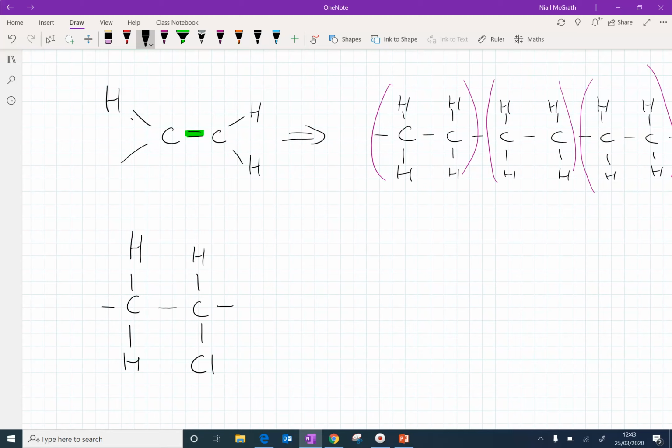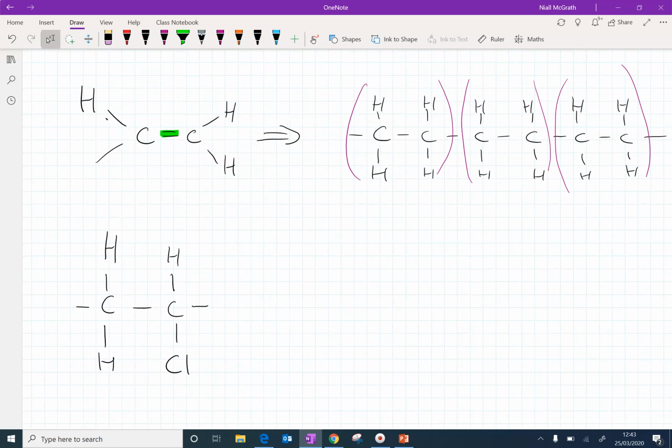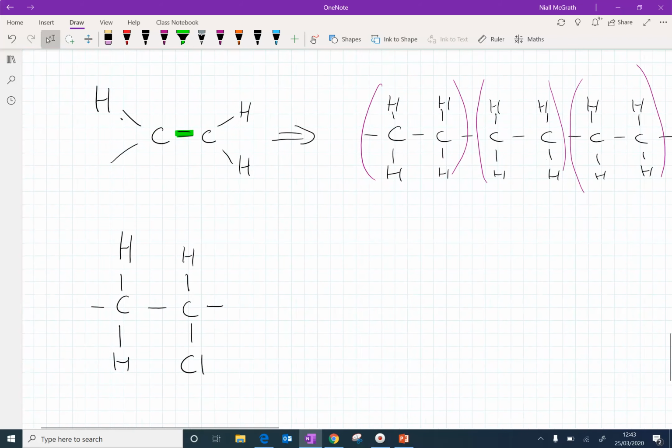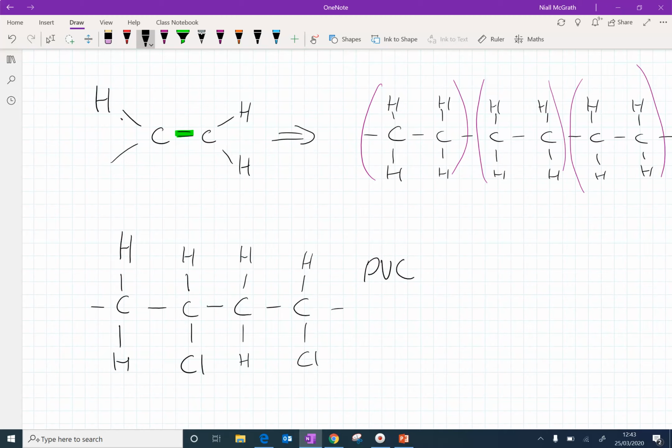If this just existed by itself, then there would be a double bond. If you have many units of them joined together though, then you're going to have this sort of structure forming, and that can repeat on and on. So this is PVC, polychloroethene, and that is basically making plastics.